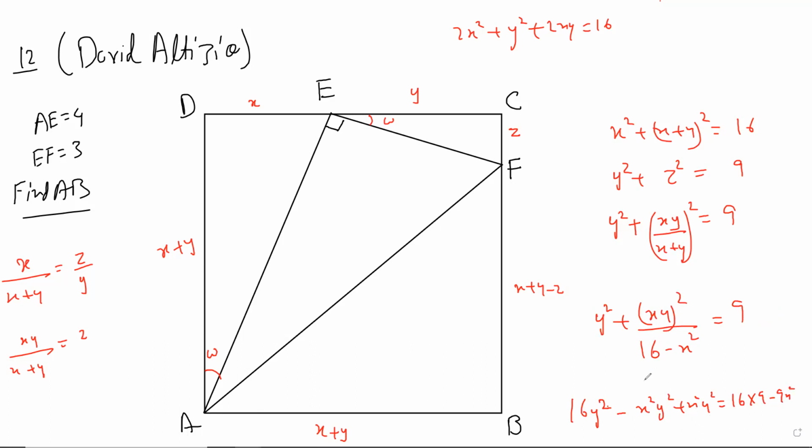And then this is just to make it cancel. So what do we get? We get something which is not very bad. We get 16 y square plus 9 x square equals 16 into 9.